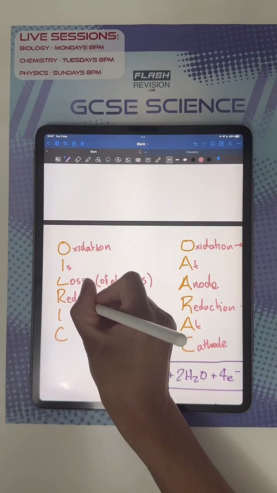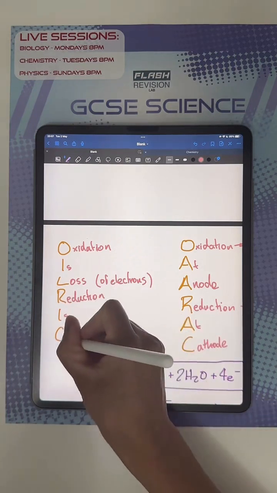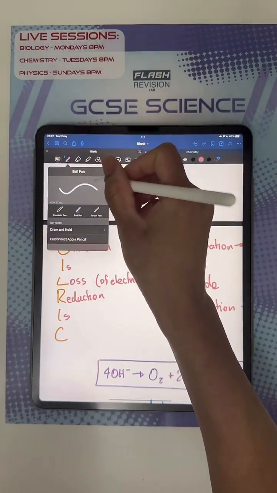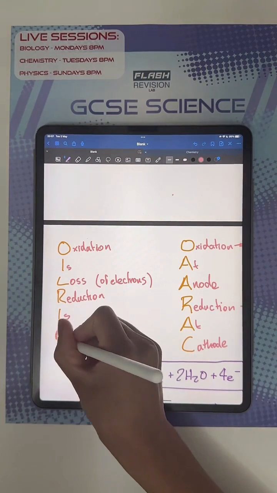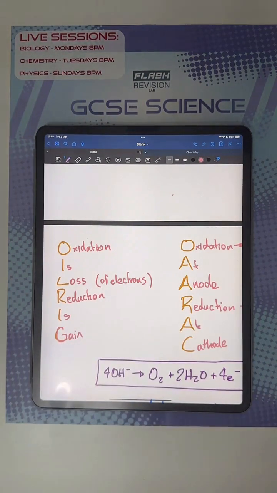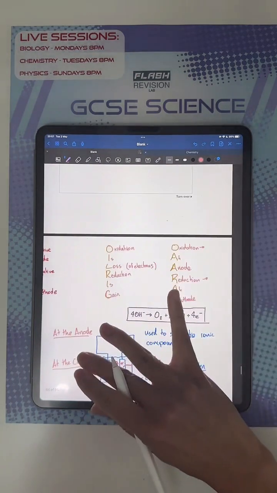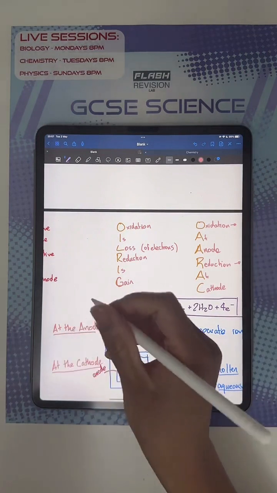And reduction is the, why did I put OIL RIG? That doesn't make sense. Reduction is the gain of electrons. Yeah, thank you guys. So at the anode, we have oxidation.